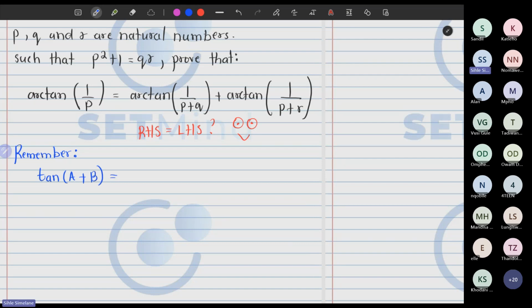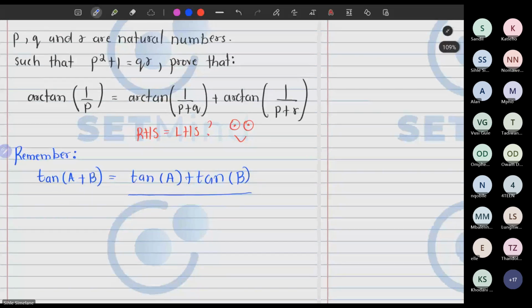Was somewhere in the study guide, someone in the meeting, please come to the rescue. Tan A plus tan B divided by 1 minus tan A tan B.